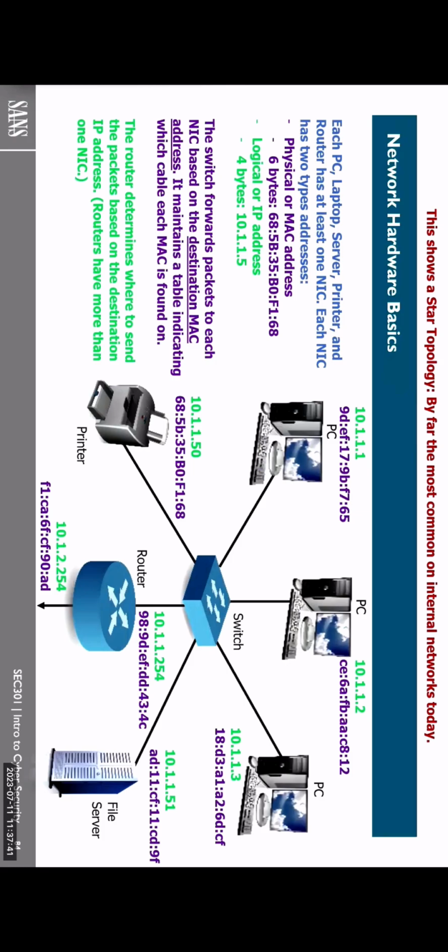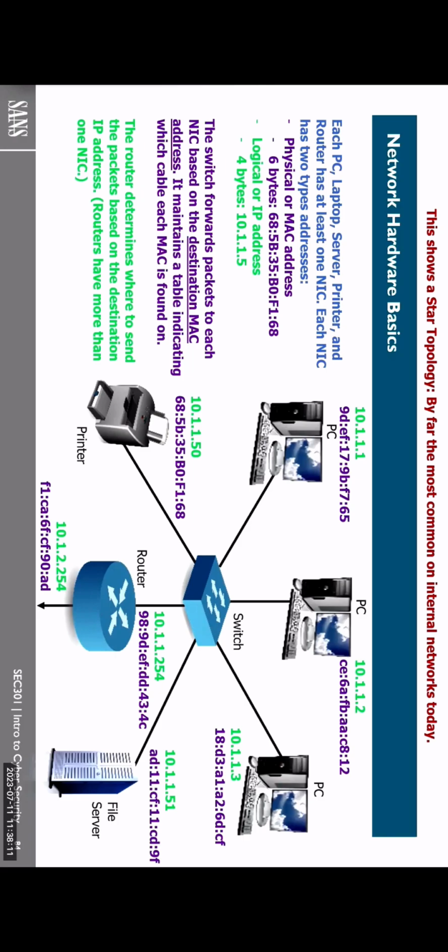And so now we can see I've got devices like 10.1.1.1, that's the IP address, and here's its MAC address, and 10.1.1.2, 1.3, 1.50, 1.51, all of these devices are connected to the switch. The switch keeps track of the MAC addresses for each one, and the router keeps track of the IP addresses for each one. Now notice the router is also a device on the network as well.